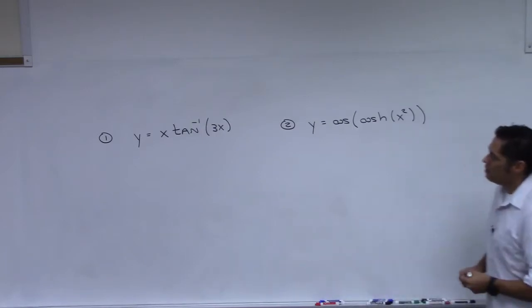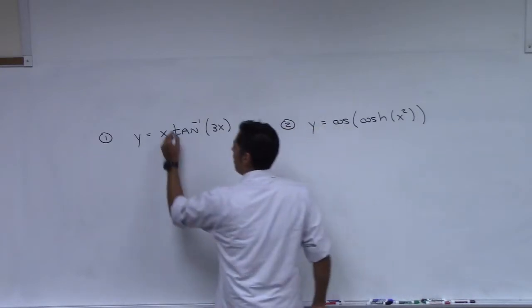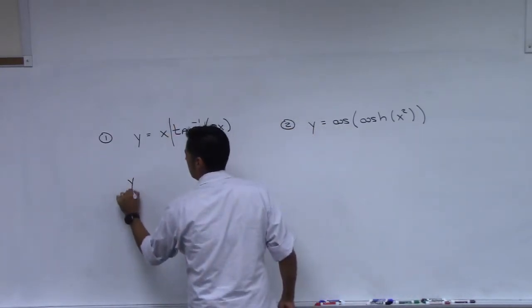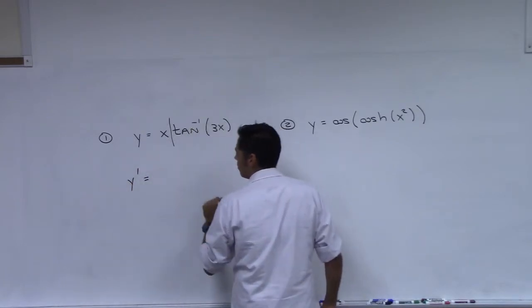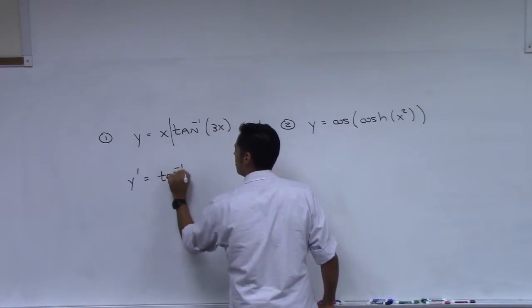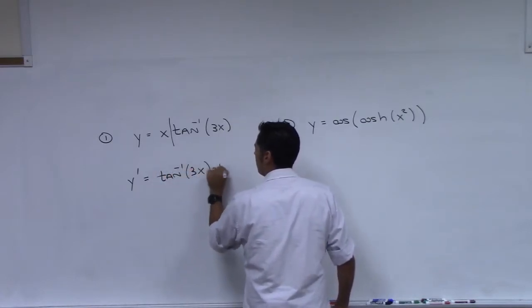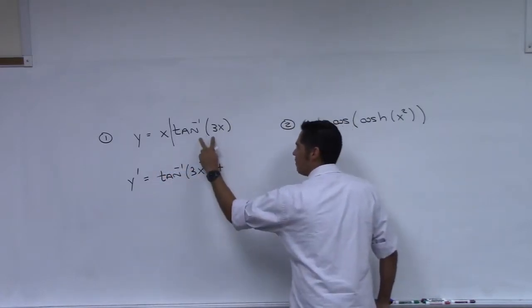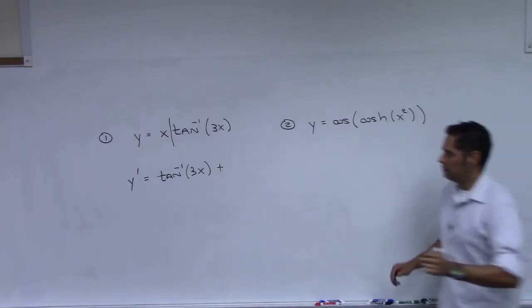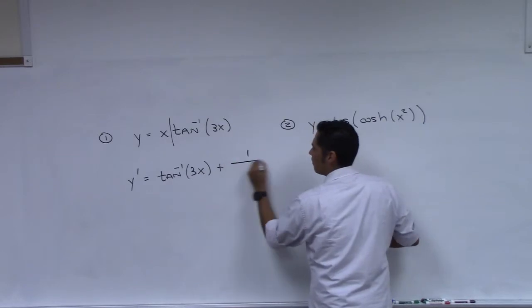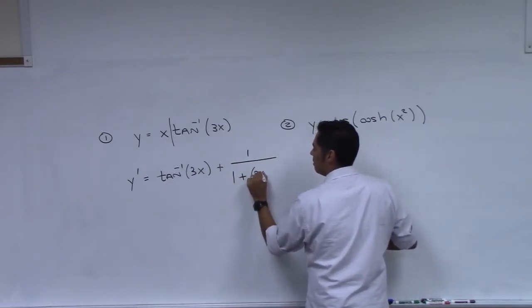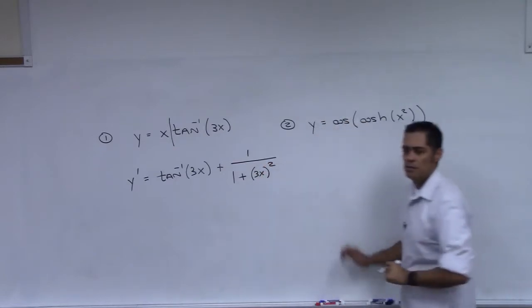All right, let's go through these. This one right here is a product rule. We first take the derivative of x, which is 1, times arctangent of 3x, and then product rule says plus x times the derivative of arctangent. What is the derivative of arctangent of anything? 1 over 1 plus that thing squared.